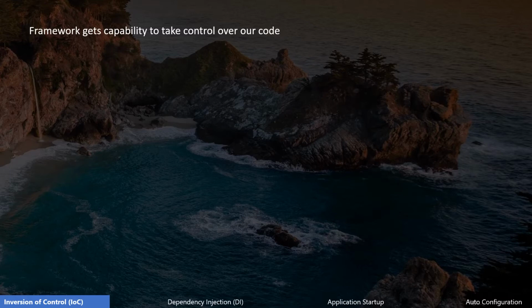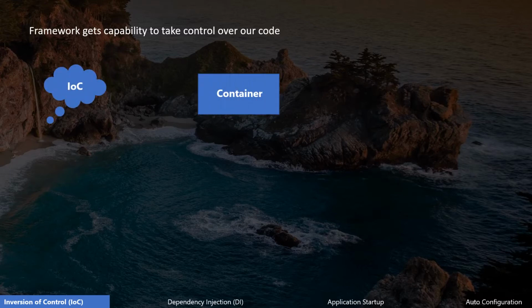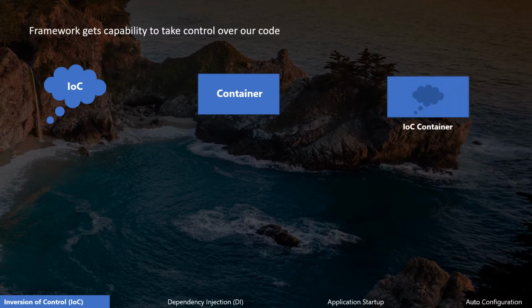And now you know what is a container, and now you know what is inversion of control. So I guess you know what IoC containers are. Yes, correct. It is a container that gives the ability to have the IoC feature.